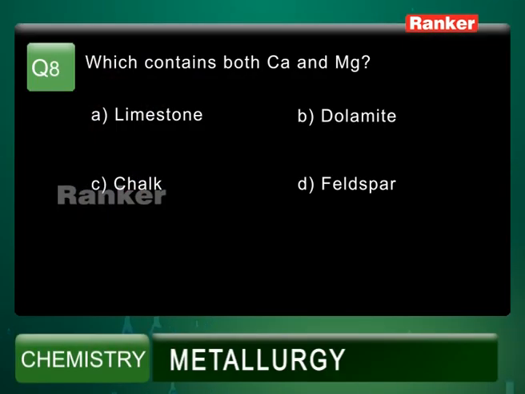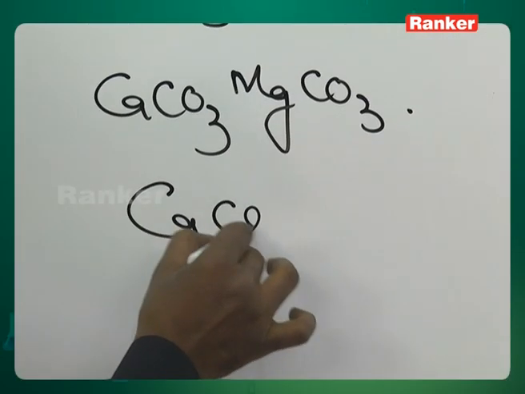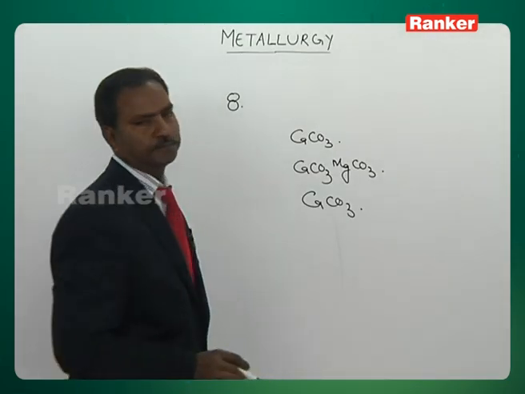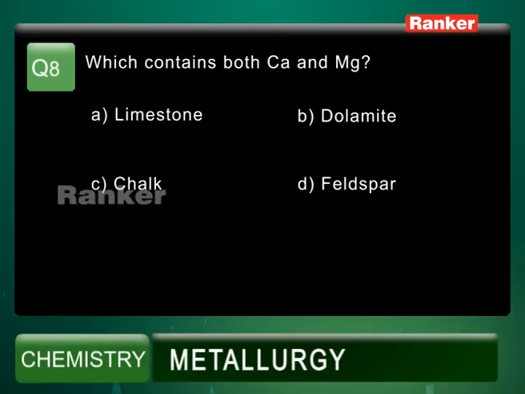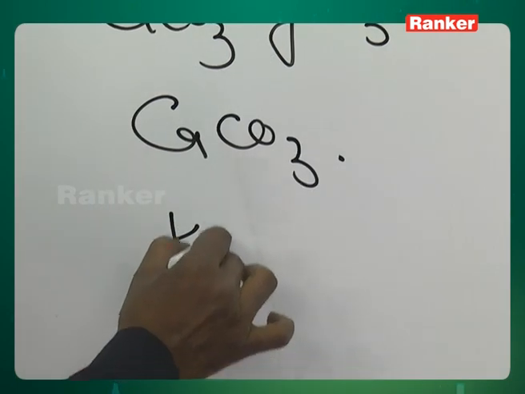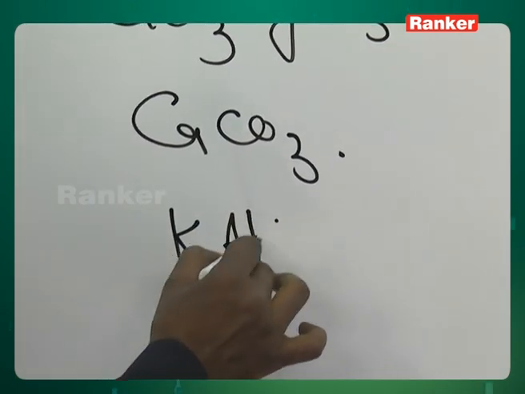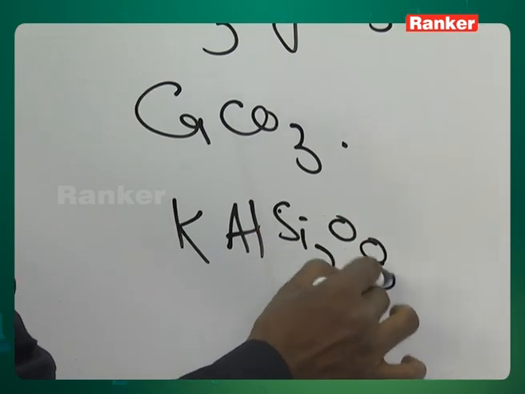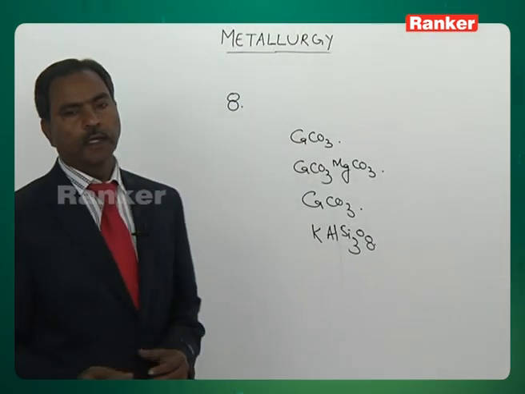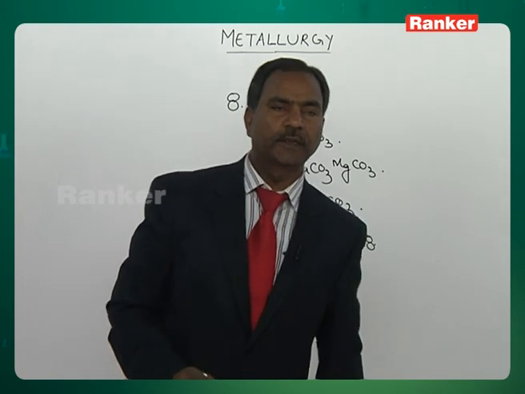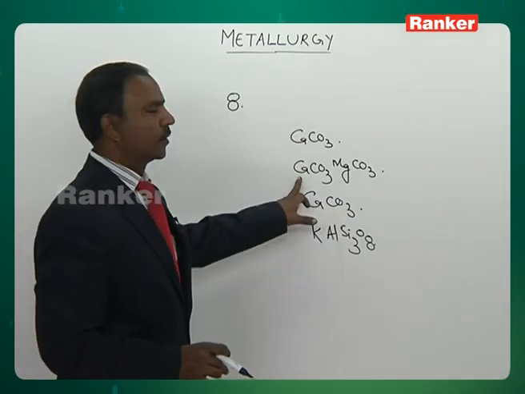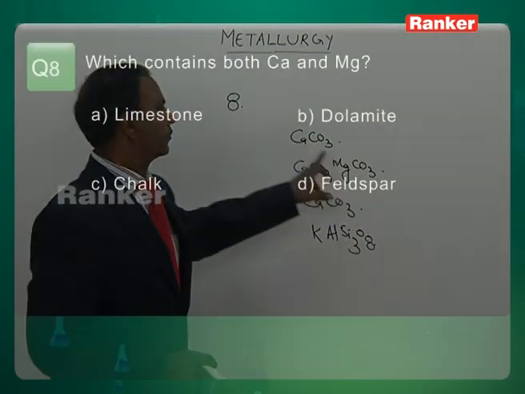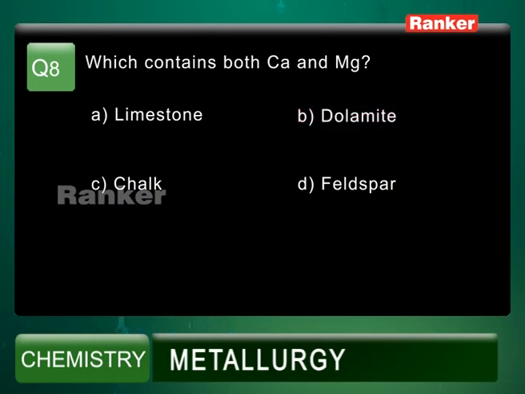Chalk is simply again calcium carbonate only. Feldspar, you can take potassium feldspar, KAlSi3O8. In which both calcium and magnesium are there? See, dolomite, calcium and magnesium are there. Therefore, question number 8, answer is B.